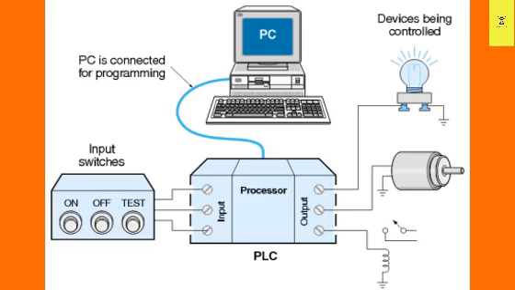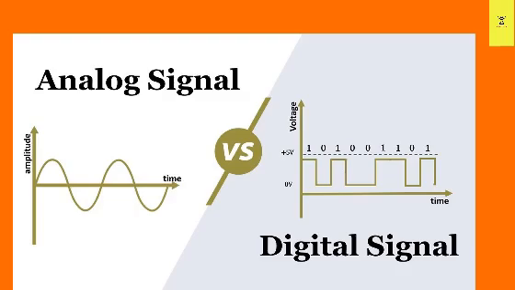The input modules can be digital or analog. As you know, digital turns on or off, and analog is gradual, a continuous signal.